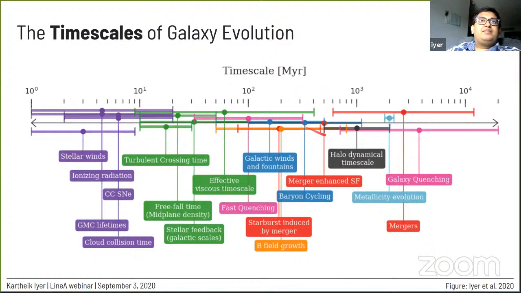For quenching, for example, quenching has been studied in different simulations, and these different simulations, while they broadly agree that galaxy quenching happens on long time scales, they haven't really been able to agree on the exact timescales on which the processes responsible for quenching are thought to act. And because of this, this ends up having a very large range.